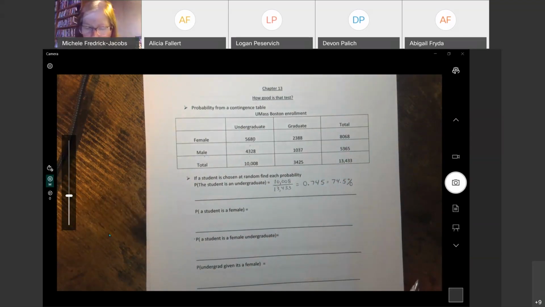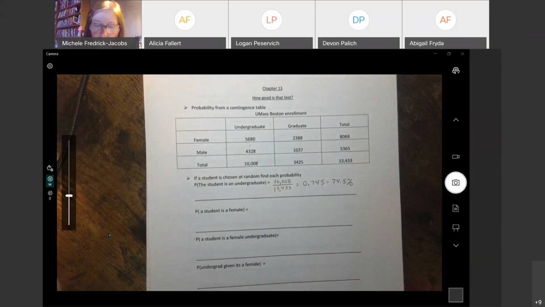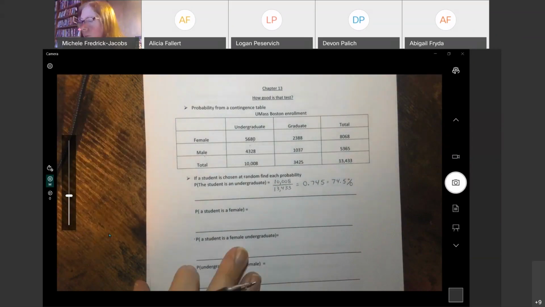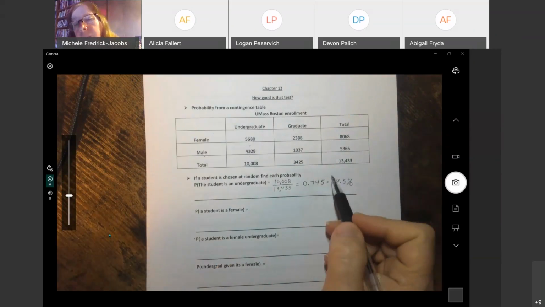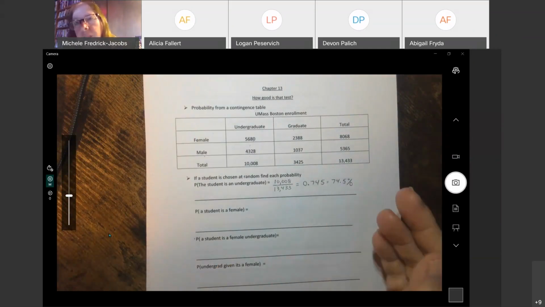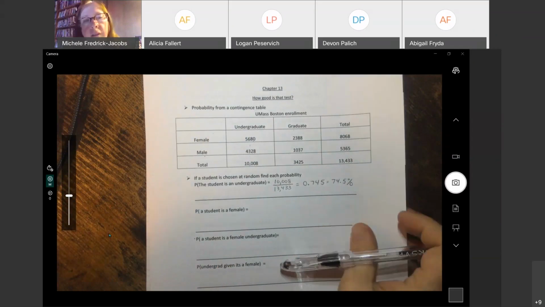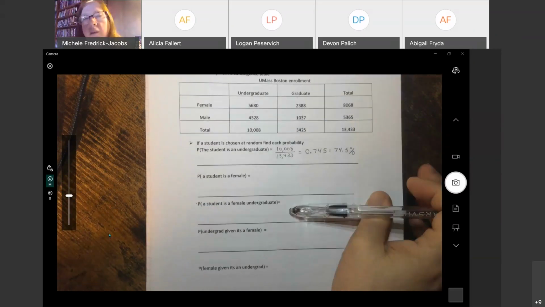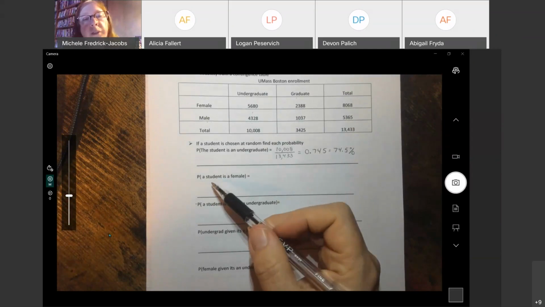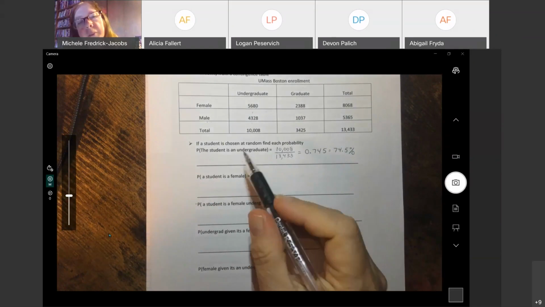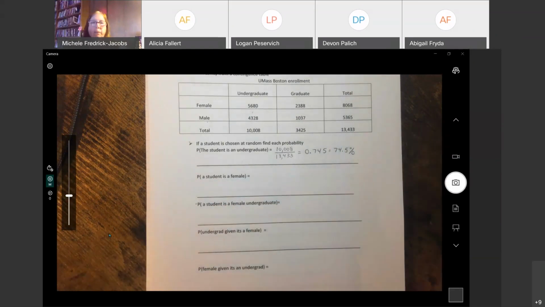On a test, if I don't tell you which way to write it, then it would be up to you. Because of the true positive rates, which we do in the next part of it, those have to be in a percent. I usually use a percent on these. Probability a student is a female. So find the probability a student is a female.